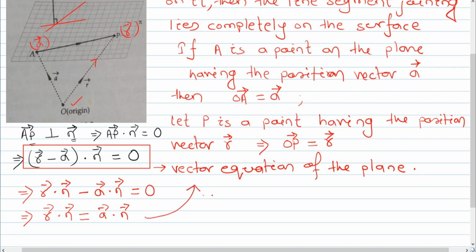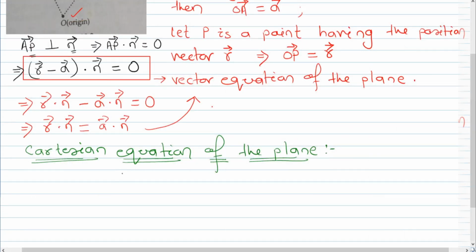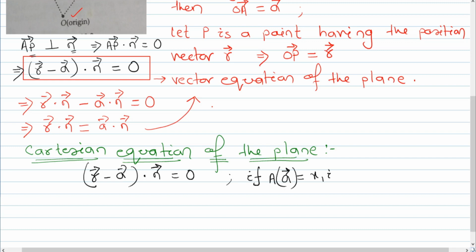So now we'll take the Cartesian equation of the plane. From the vector equation we'll derive the Cartesian equation. We have found that (r vector minus a vector) dot n vector is equal to 0, the vector equation of the plane. Suppose a vector is x1 i cap plus y1 j cap plus z1 k cap, and the point P has position vector r, unknown to us, that is x i cap plus y j cap plus z k cap.